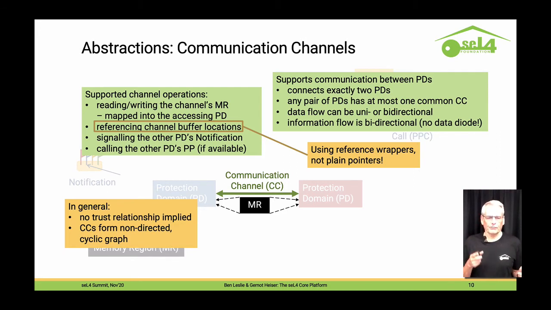So you can have protection domain 1 have a channel to protection domain 2, 2 has a channel to protection domain 3, 3 has a channel to protection domain 1. So cycles are allowed, and so channels form an undirected cyclic graph. Okay, that was it about channels.